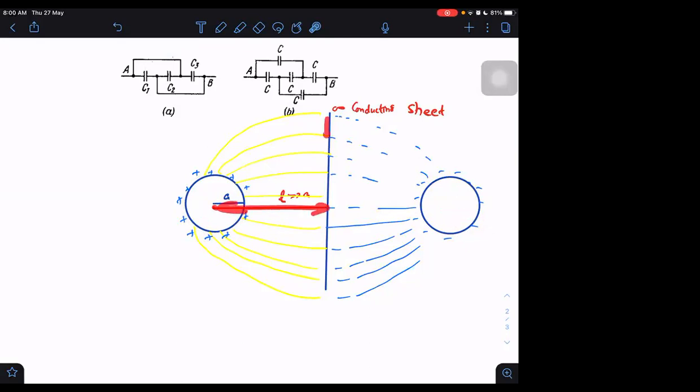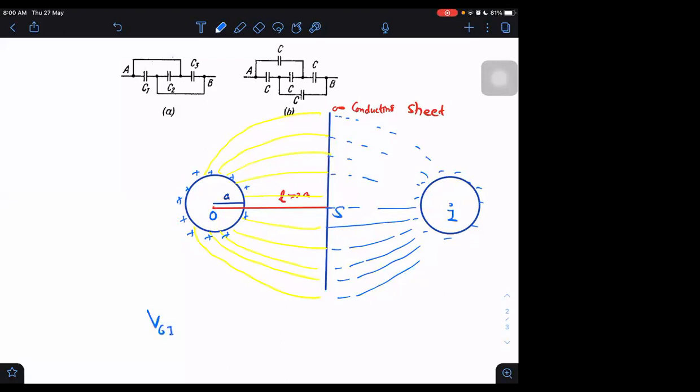From object O to image I, the potential difference due to both is double that due to a single one, and also double the potential difference from O to the sheet S.